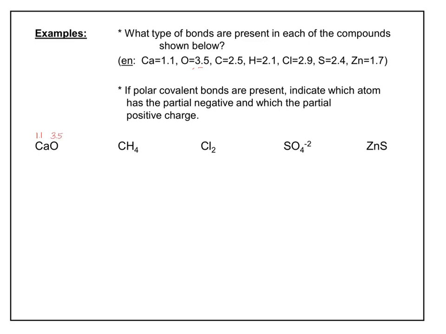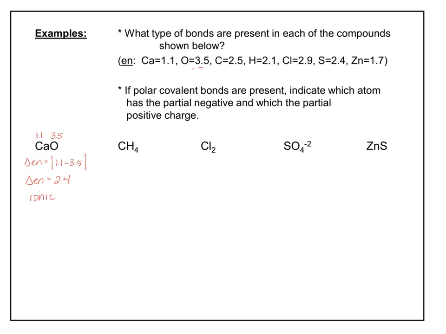So delta EN is equal to the absolute value of just subtracting these values, 1.1 and 3.5. So delta EN, when I subtract, I get 2.4. So now I use that arbitrary guideline a few slides back, and I see that if I have a delta EN value 2 or greater, it is considered an ionic bond.